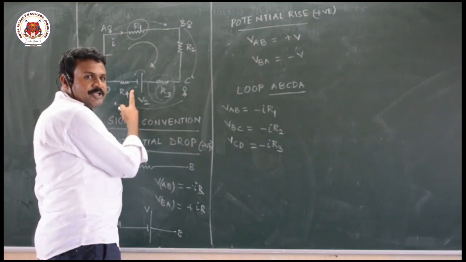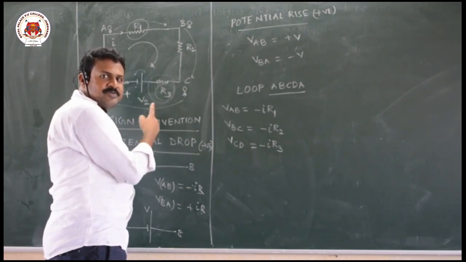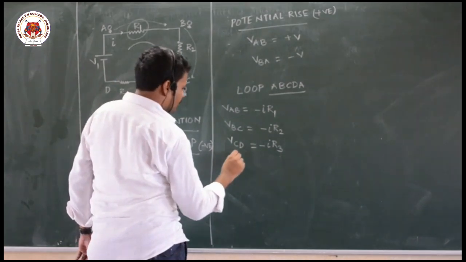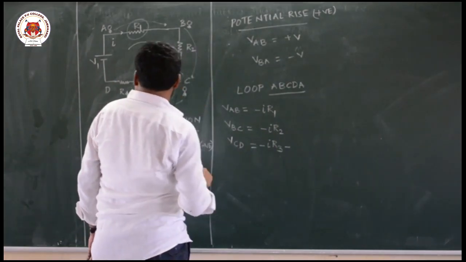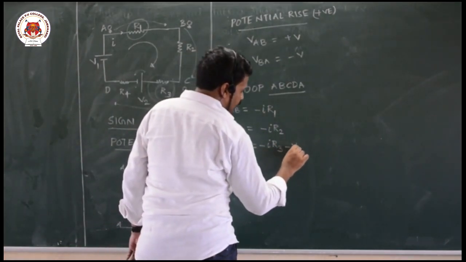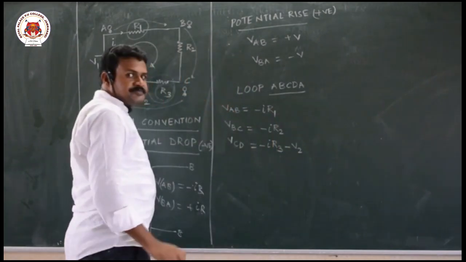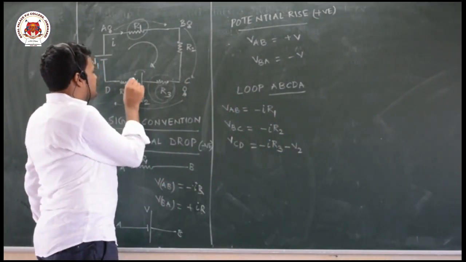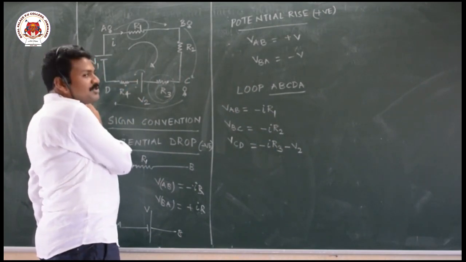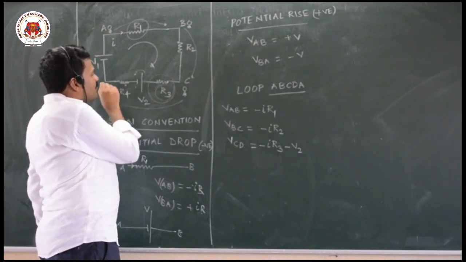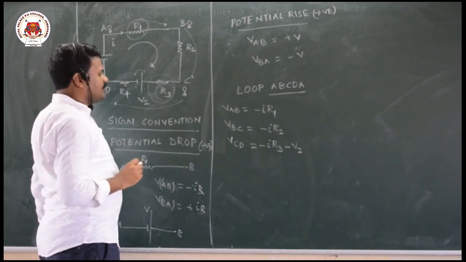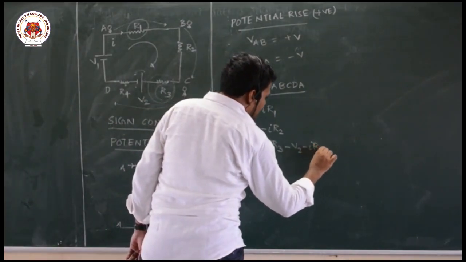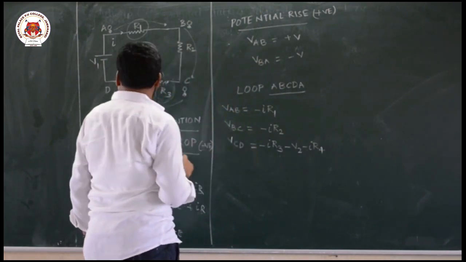When you move from negative terminal to positive terminal, potential difference is positive. So here you will get minus V2, and next after this there is a resistor. Inside the resistor you are going in the same direction of current, that's why minus IR4. This is potential difference across CD.